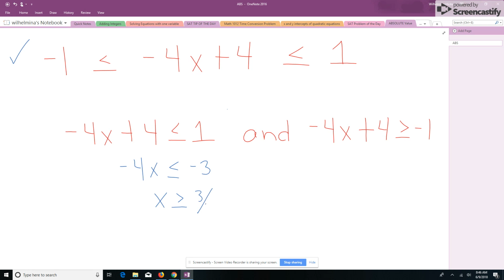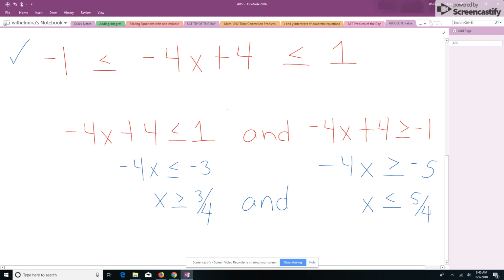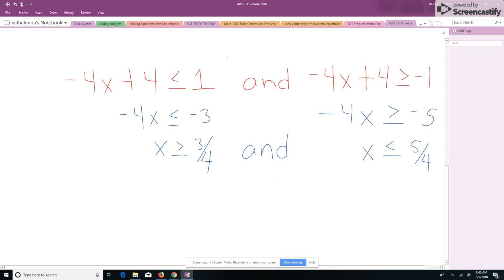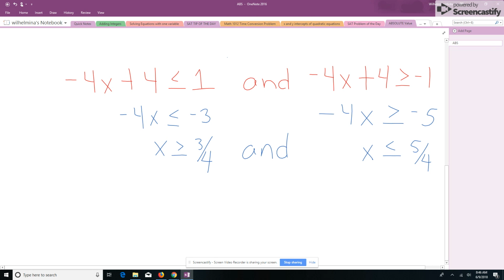All right, over here, let's solve this one. And remember, you're dividing by a negative, so you're going to flip that sign. Now, with the and, this is saying x can be greater than 3/4.